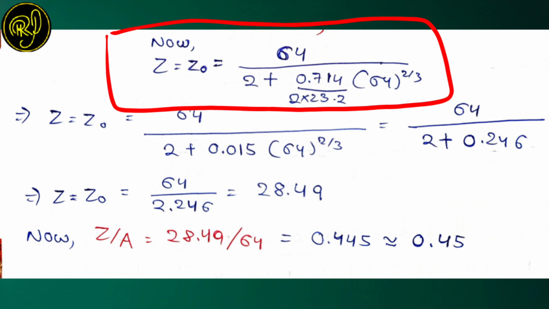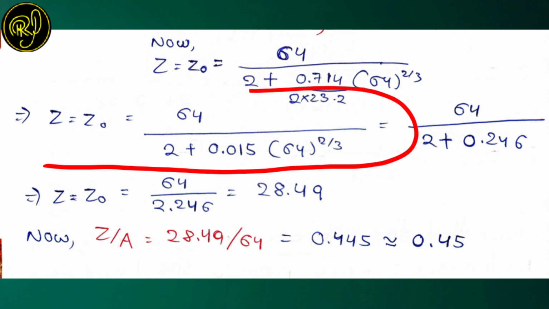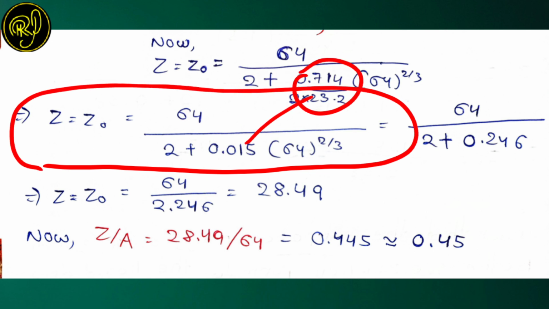You will solve this value by using a calculator, then you will get that this is coming to be 0.015. Okay, hence you got that Z is equal to Z naught is equal to 64 divided by 2 plus 0.015 and 64 to the power 2 by 3 as it is.